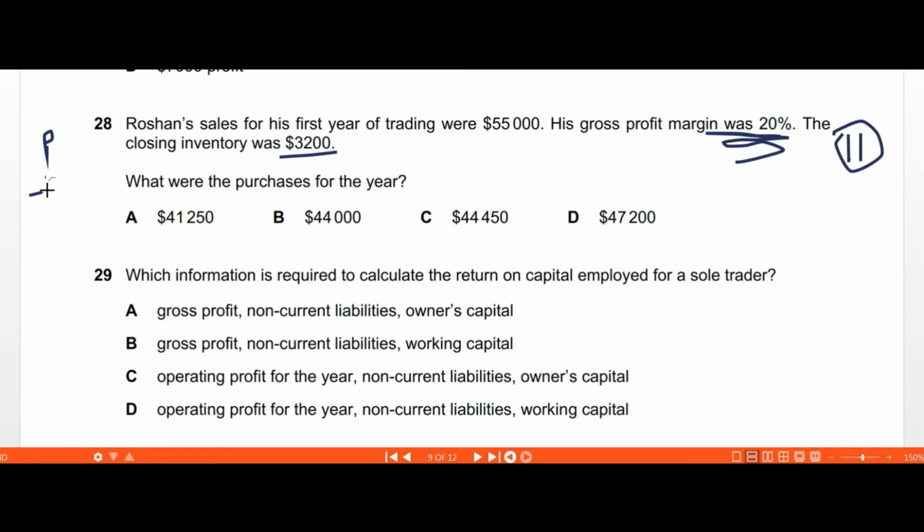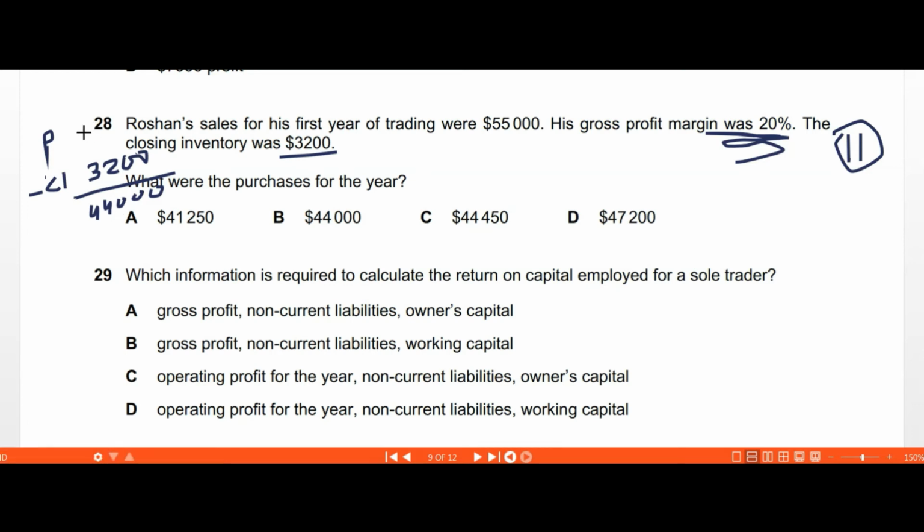So we have the value for closing inventory, that is 3,200, and we know that we have a cost of sales of 44,000. So definitely the amount that was there for purchases, and we deducted 3,200 from that to get the value of 44,000.